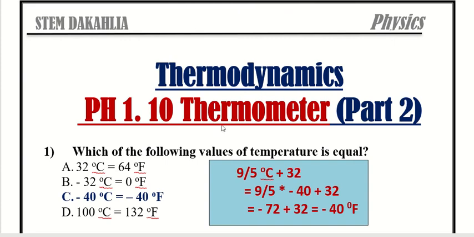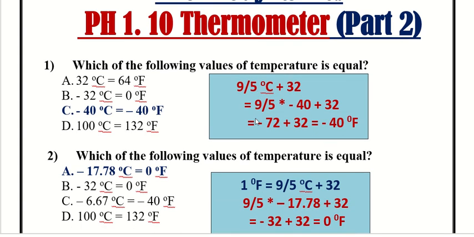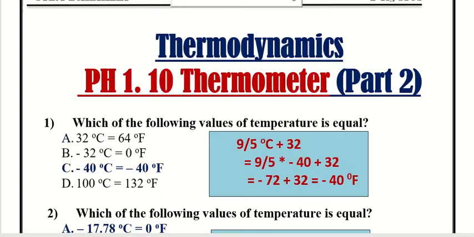So time to solve problems on thermometers. Question number 1. Which of the following values of temperature is equal? Here is the conversion between degree Celsius and degree Fahrenheit. Let's do the conversion from degree Celsius into Fahrenheit.